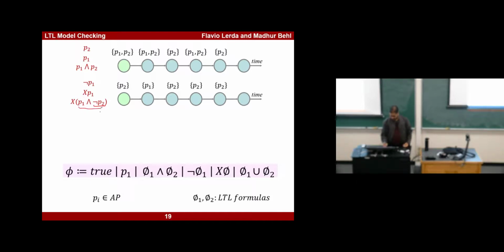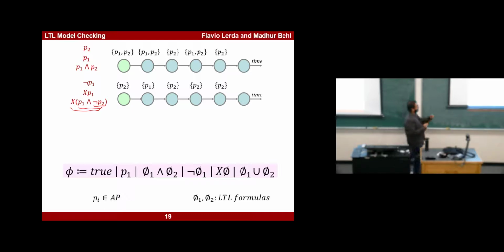Then this is a valid LTL. Therefore, X of this is also a valid LTL. This is a very simple example, but in your homework, this won't be as simple, right? I'm just telling you how to prove whether this is a valid LTL. You have to decompose that formula into a set of valid LTL formulas. That's how you show something is valid LTL. So I didn't hear the answer. Is this true or not? Does the trace satisfy this? Yeah, it does, right? So let's break it down.